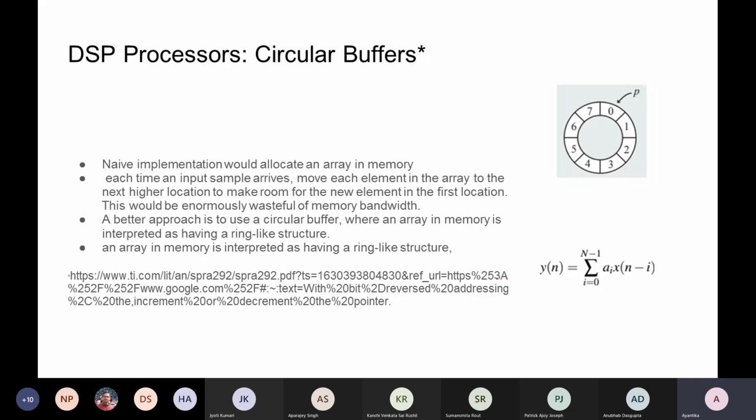These are very common processor features. But one typical feature that is very unique to DSP processors is the usage of the circular buffer.